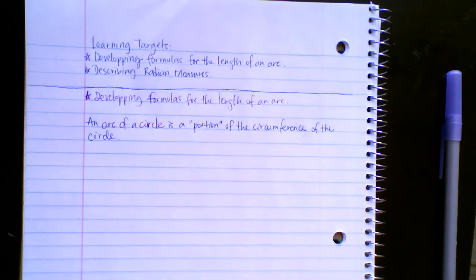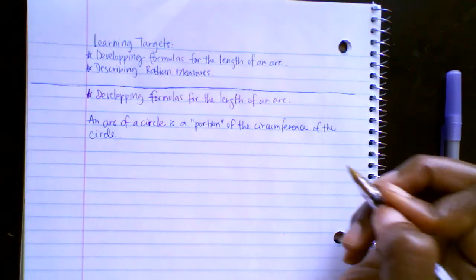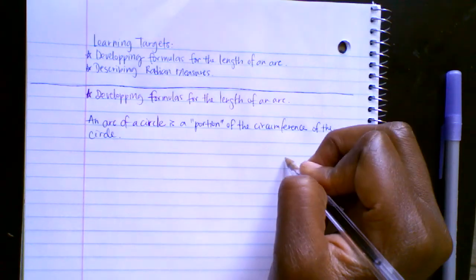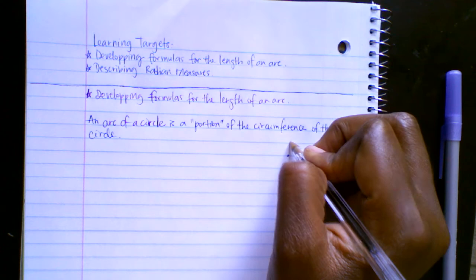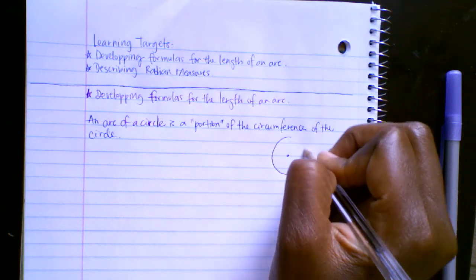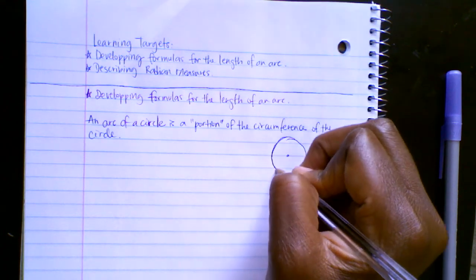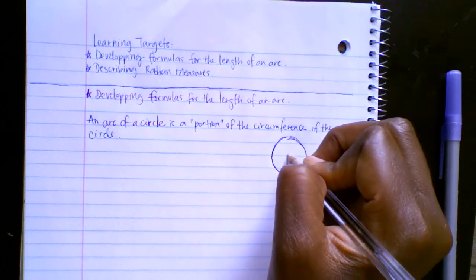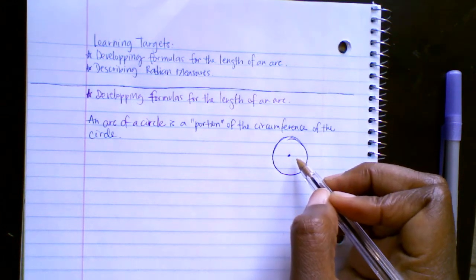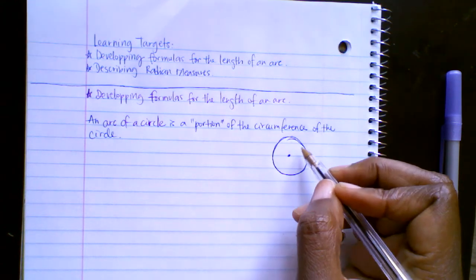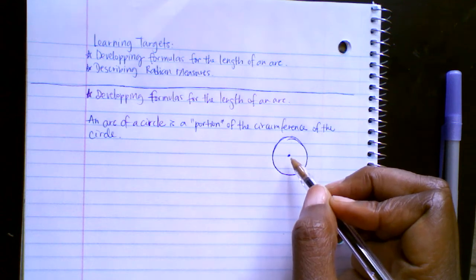So let me model it right here. I'm going to draw a circle. So this is my circle, and the center is right here. I'm going to draw an angle.